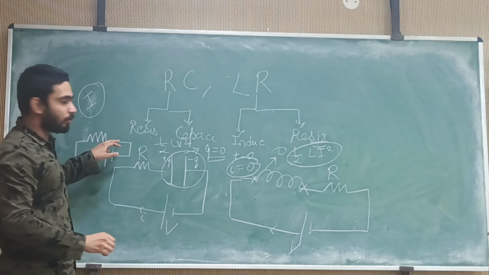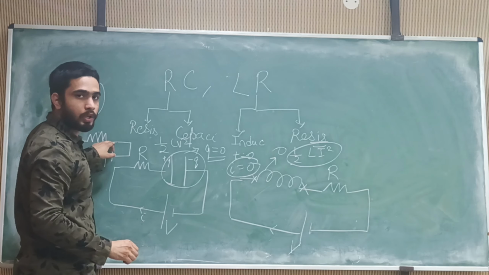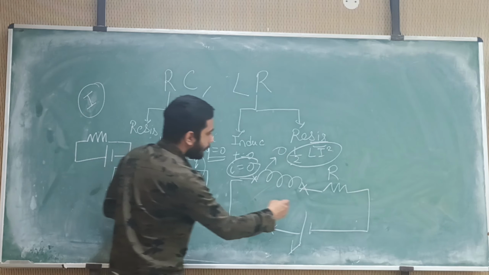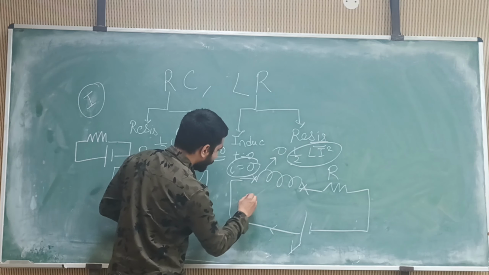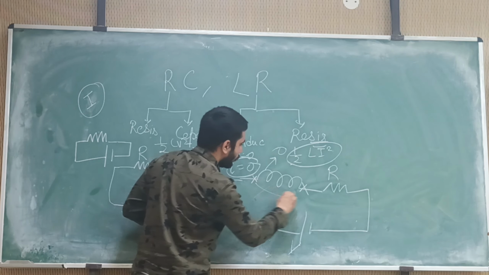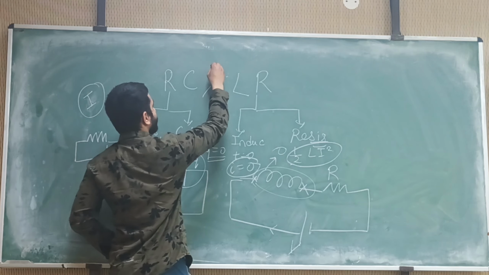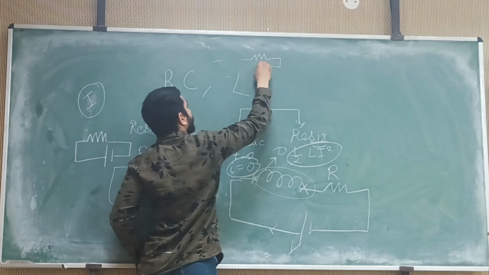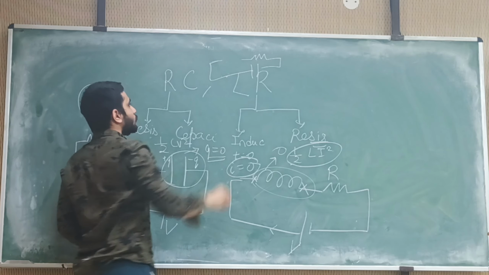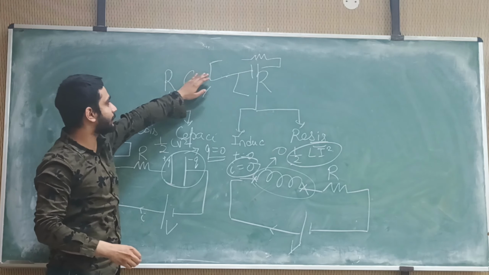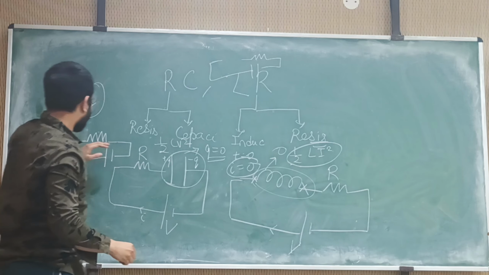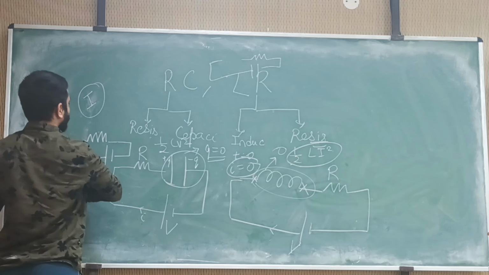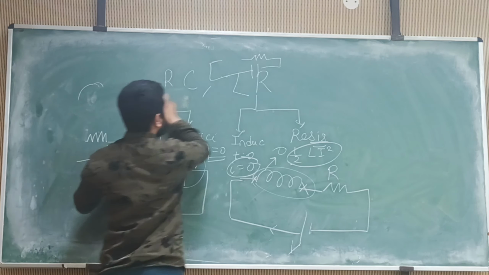In the LR circuit, we simply replace the inductor with a gap, an open space. So at time t equals 0, the figure of the LR circuit is like this, and the figure of the RC circuit is like this.